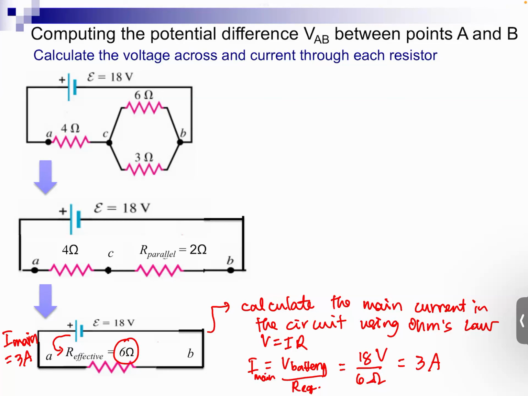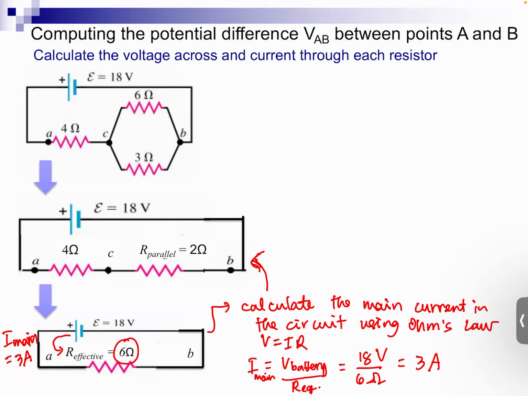All right, good. Once you've calculated the main current from your simplest circuit, you then work your way backwards through the circuits that you simplified. You can see that this 6 ohm equivalent resistor actually consists of 2 resistors that are in series. This 6 ohm equivalent resistance came from the previous circuit, which consists of a 4 ohm resistor in series with this R parallel resistor. And what did we learn about resistors in series?